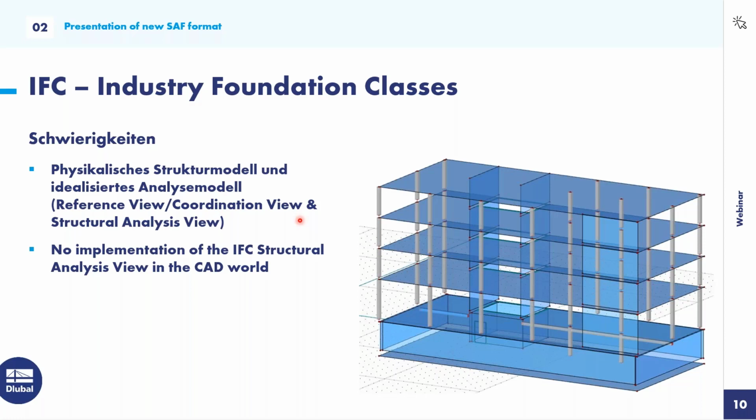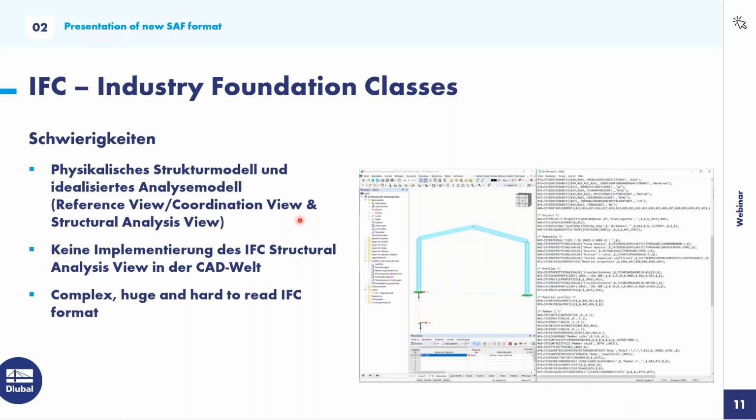So in the 2000s, they started to improve this workflow, and the market wasn't ready for that. So this was also the reason why the IFC structure analysis view wasn't implemented in the whole CAD world. There was no demand from the market. So this is also one of the difficulties of the IFC.